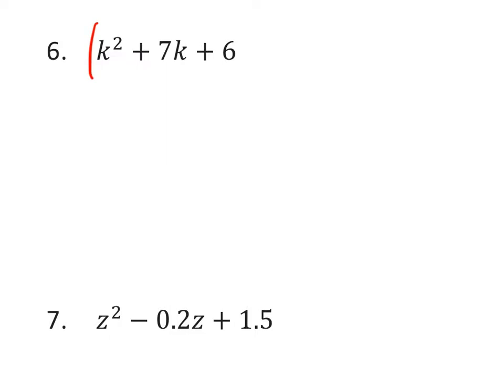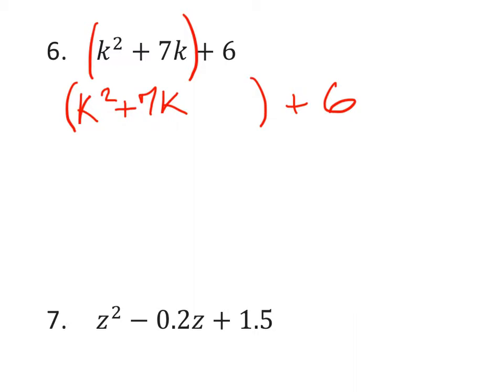Isolate these two terms and come up with k squared plus 7k, leave a space, and then plus 6. What do I do to find this middle term here? Divide 7 by 2. Now you can come up with a decimal if you want to.